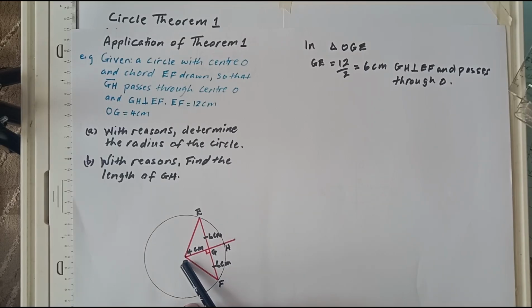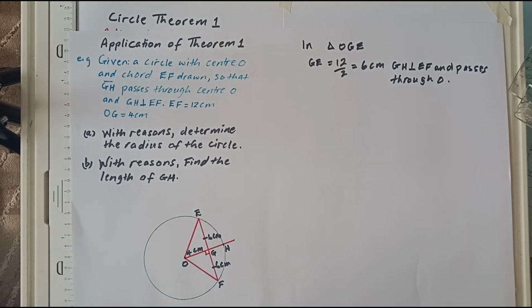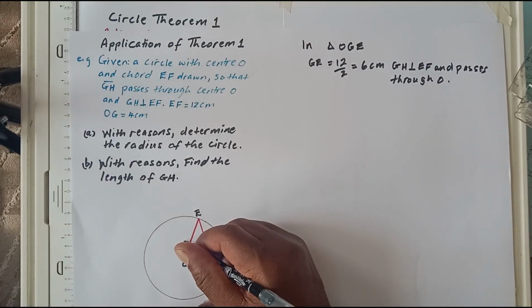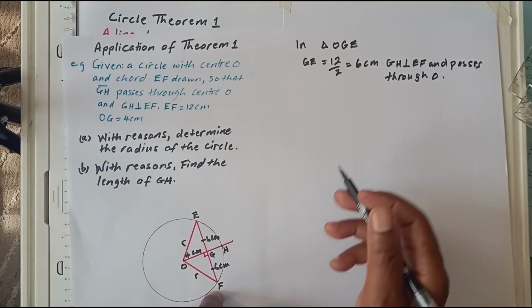Now, if we look at triangle OGE, it is a right angled triangle, so we can apply Pythagoras theorem. To find the radius, OE is the radius and OF is also the same radius. OH is also the same radius. So the radius of the circle doesn't change.